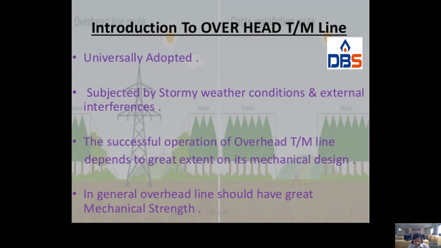It may give good operation to a great extent, because conductors have more mechanical strength, such that they will give good operation.